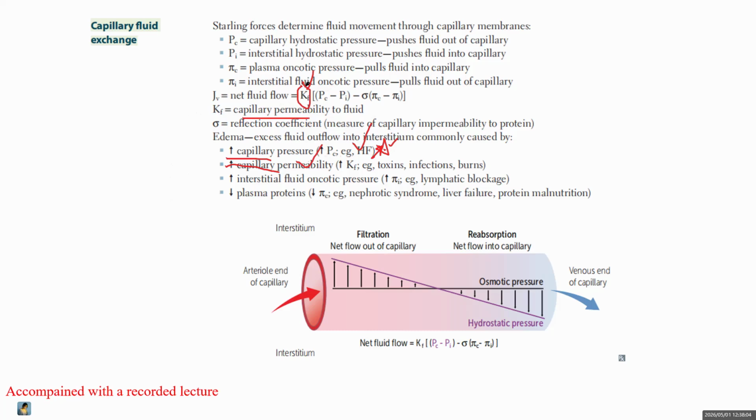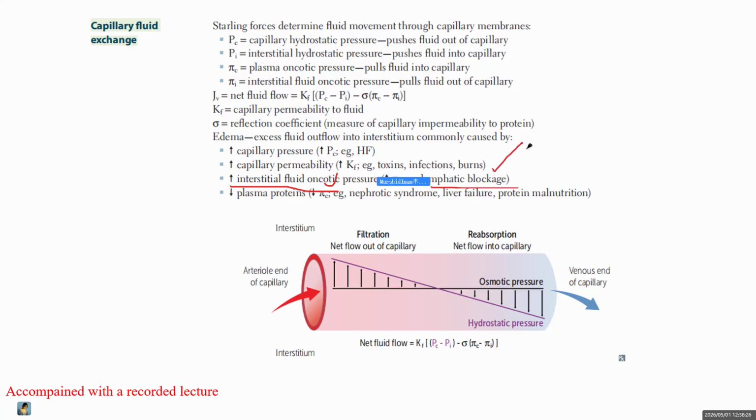Another cause that you can look at is if proteins accumulate in the interstitial space. If the proteins are accumulating in the interstitial space, they attract the water outward, and that increases the fluid movement into the tissues. One of the major causes for this is lymphatic blockage, right?